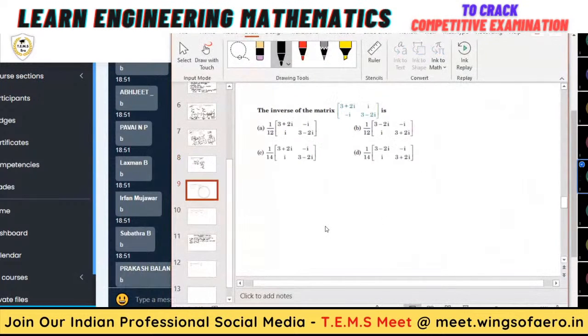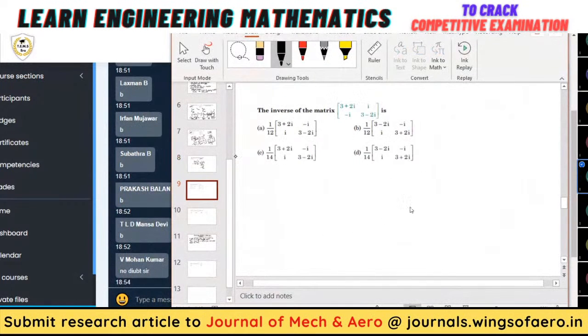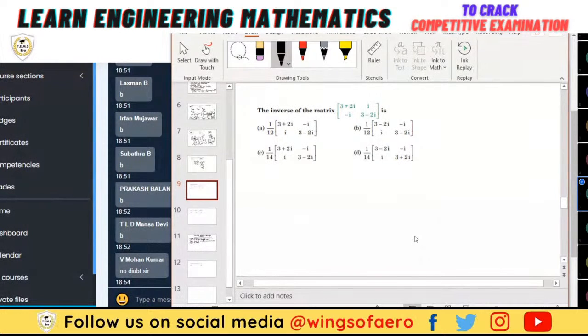Okay, our next problem is this one. The inverse of this matrix is what?